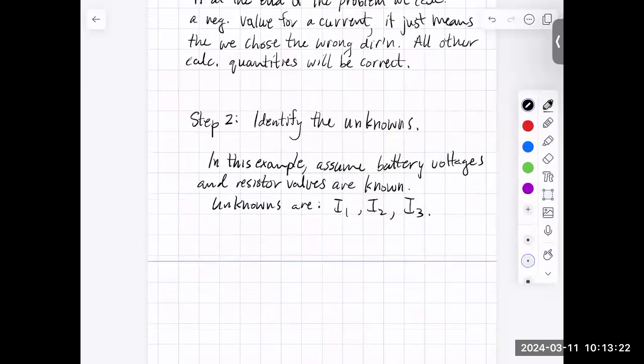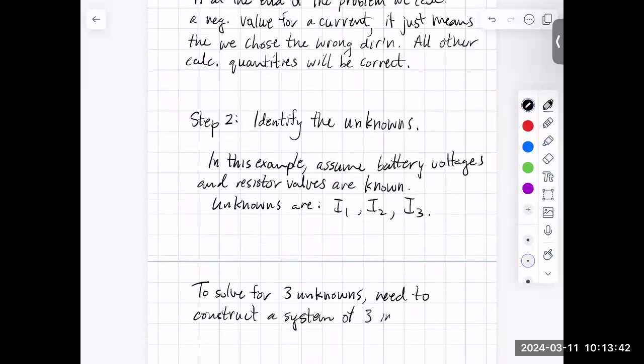Okay, so to solve for our 3 unknowns, we need to construct a system of 3 independent equations involving the 3 unknowns.